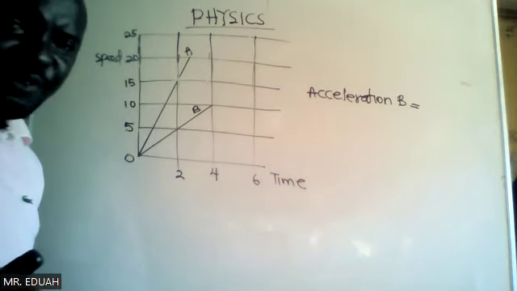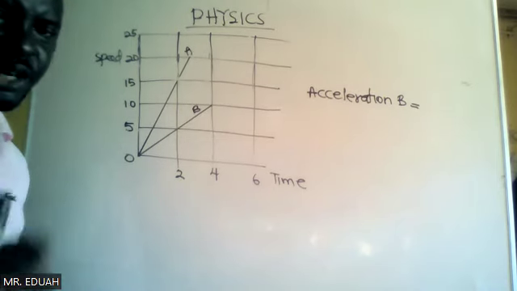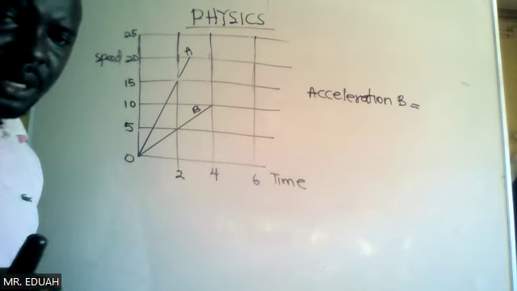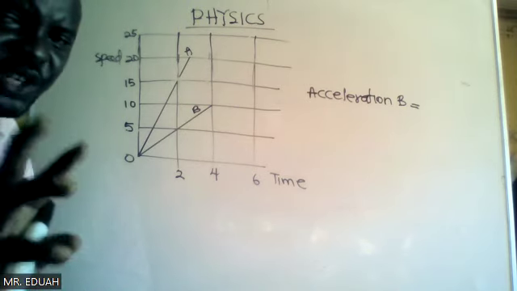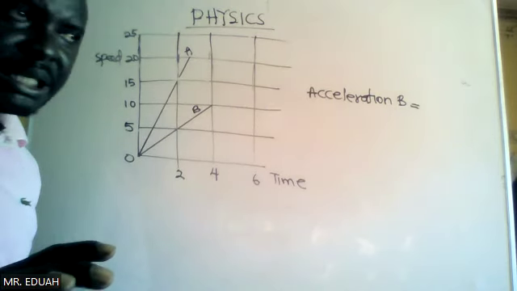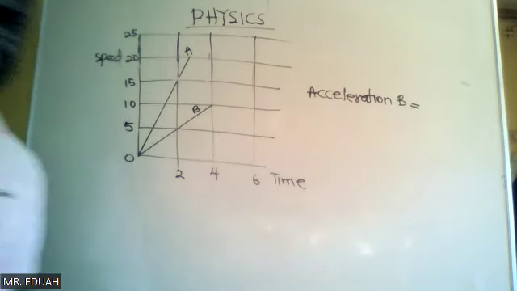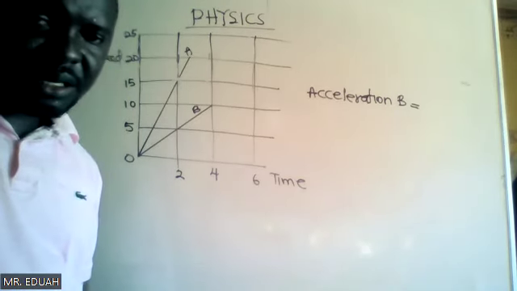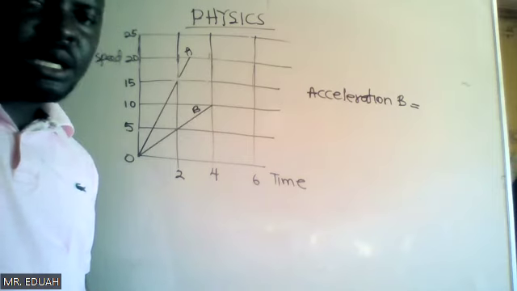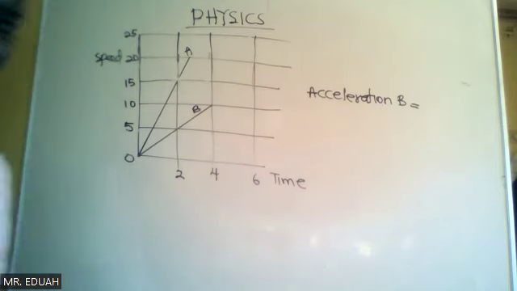I want another view. On a speed time graph, how do we determine the acceleration? Anybody? Yes, Leslie. Final velocity minus the initial velocity over time. It's not different from what Paulette said. I want something different.